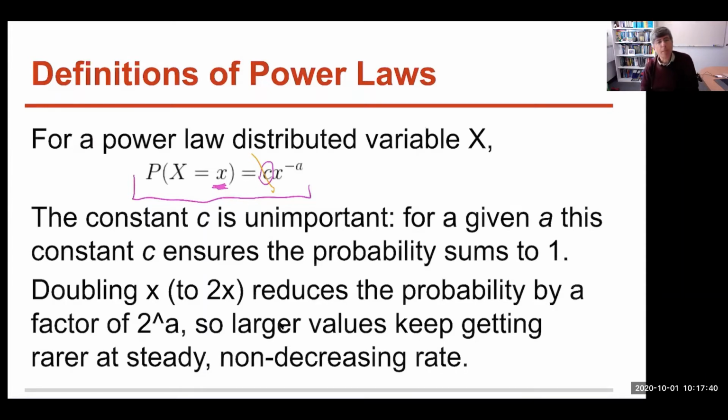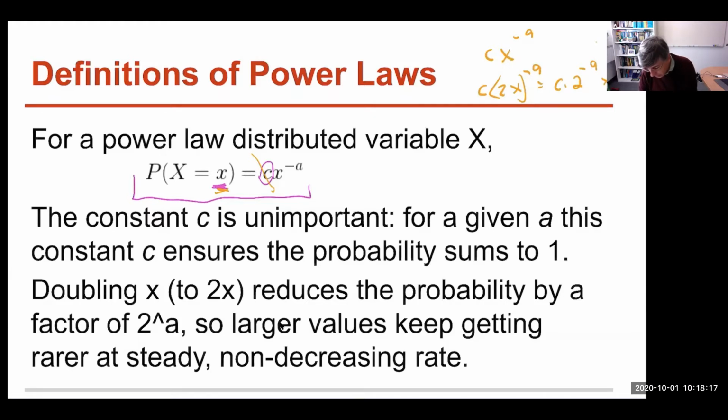But think what's going to happen here. If I take my value of x and I double it, what's going to happen to the probability? The probability for x would have been c x to the minus a. If I double it, I get c times 2x to the minus a, which is c times 2 to the minus a times x to the minus a.